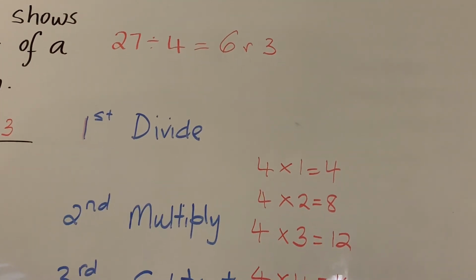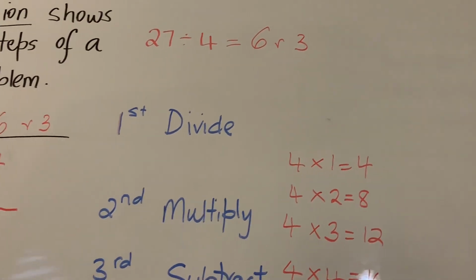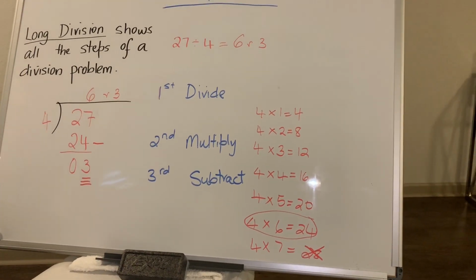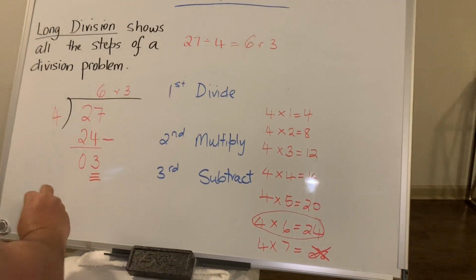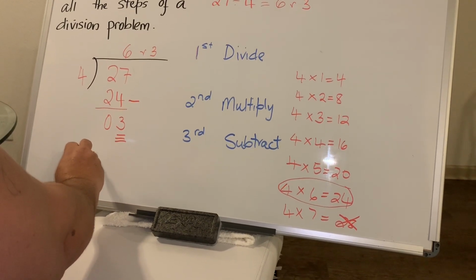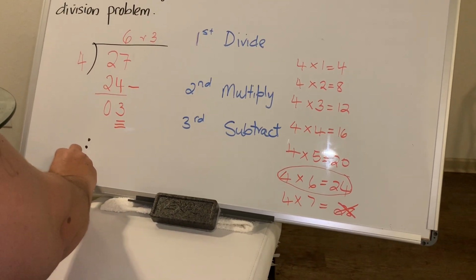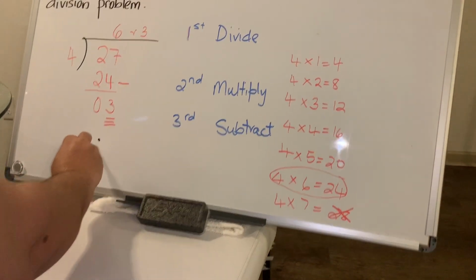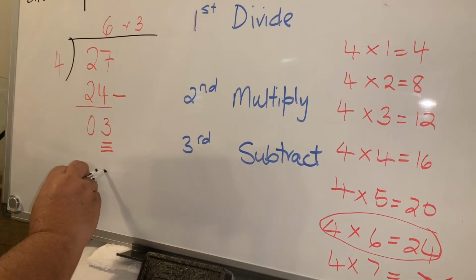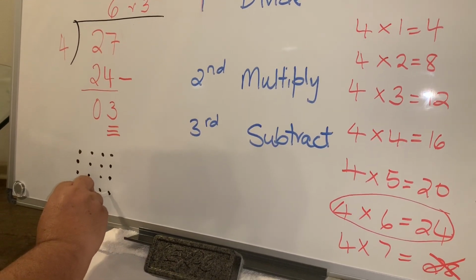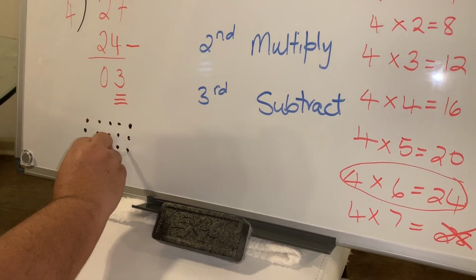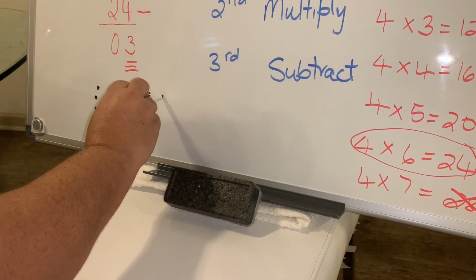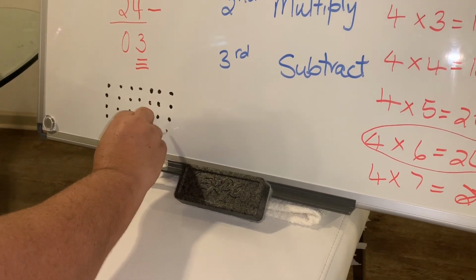Now guys, I want to make sure that you understand what we're doing. We are trying to see if we had 27 dots, counting 5, 6, 7, up through 24, 25, 26, 27.